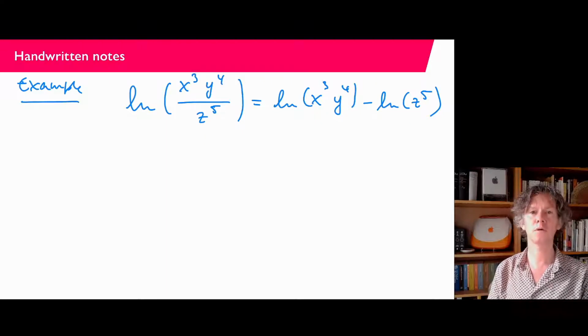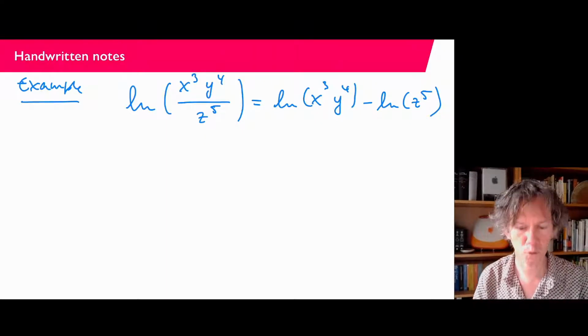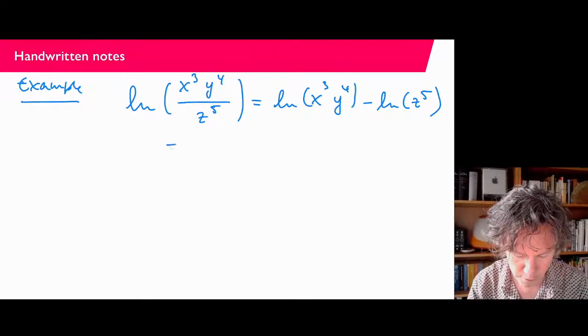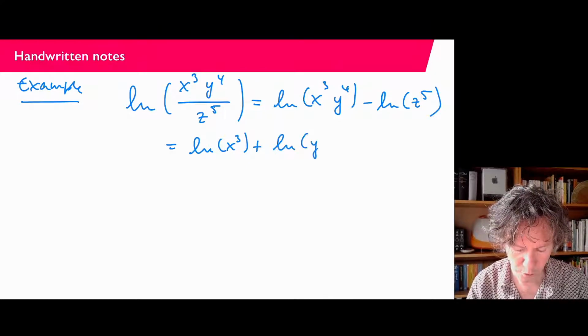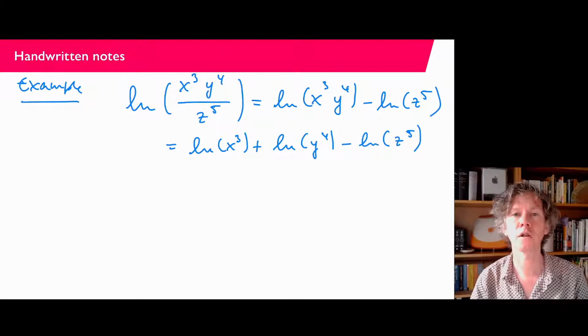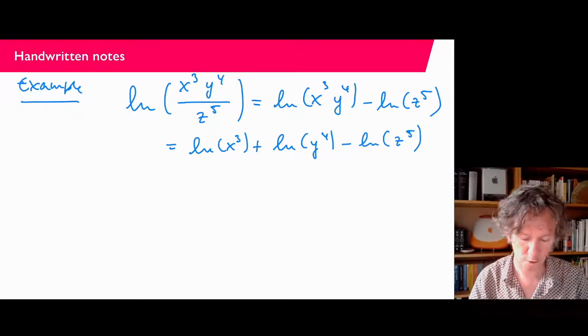Now, the first one is x to the power 3 times y to the power 4. So I can write that as the ln of x to the power 3 plus the ln of y to the power 4 minus the ln of z to the power 5. And then finally I can put the exponents in front of the logarithms.